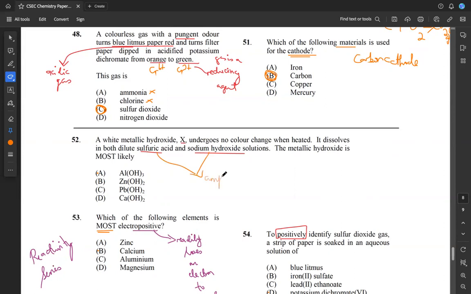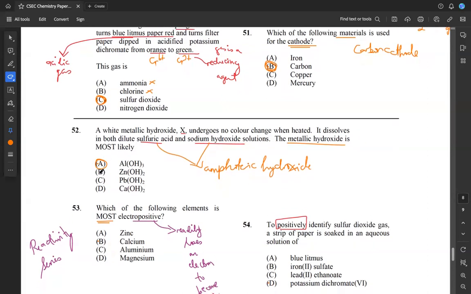It has both acidic and basic properties, so we're looking for an amphoteric hydroxide among our answers. The only amphoteric hydroxide among the choices is aluminium hydroxide, and so that's our answer for 52.